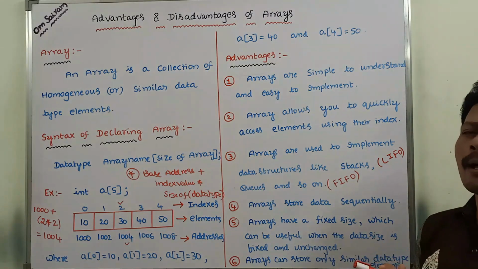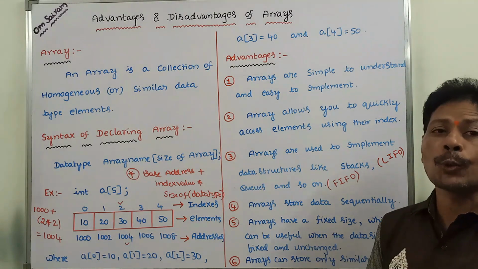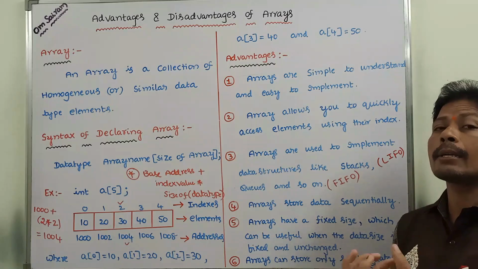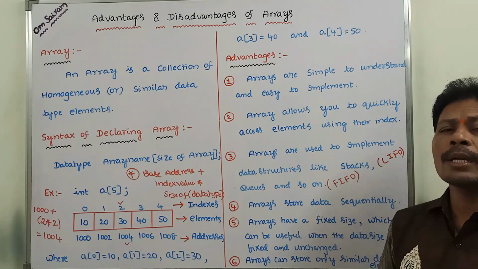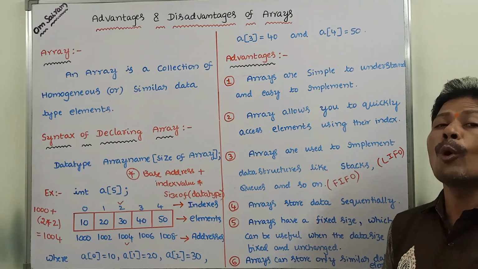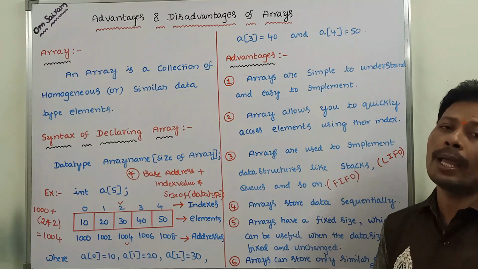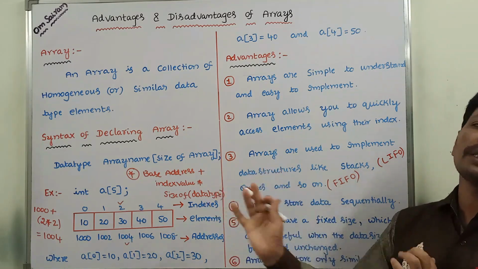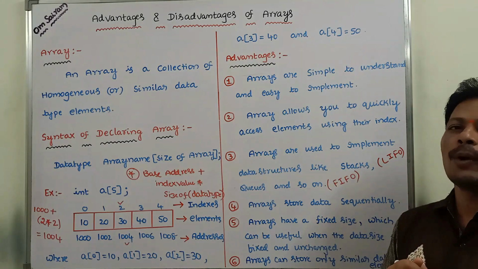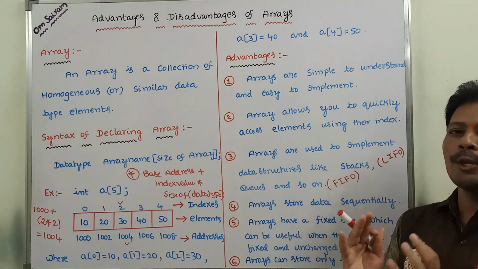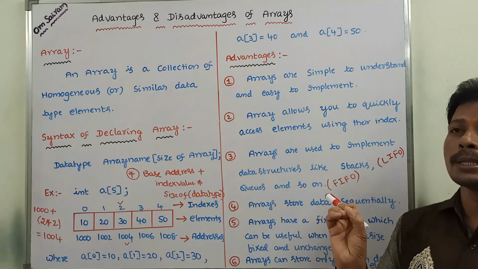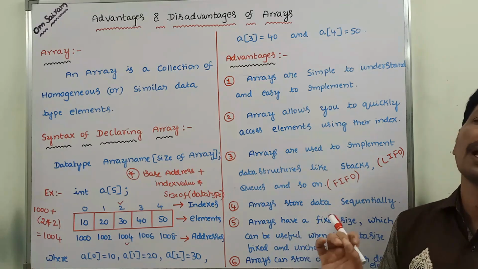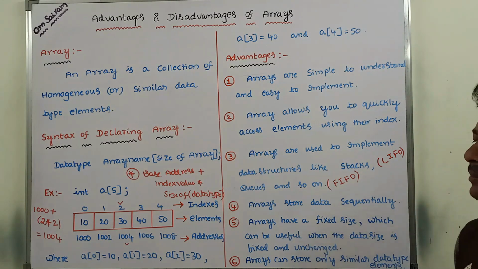So arrays are mainly used for storing homogeneous data type elements. It is not possible to store multiple data types.